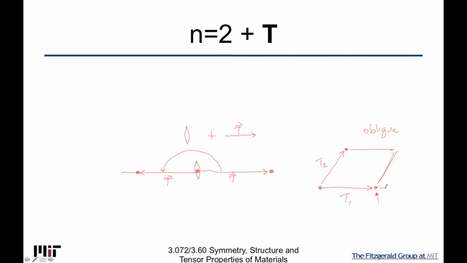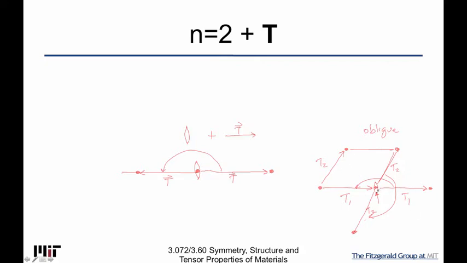So for example, you can see I have a twofold axis here, right? And if this is T2, I have a twofold axis here. So actually it doesn't introduce any newness about this thing.